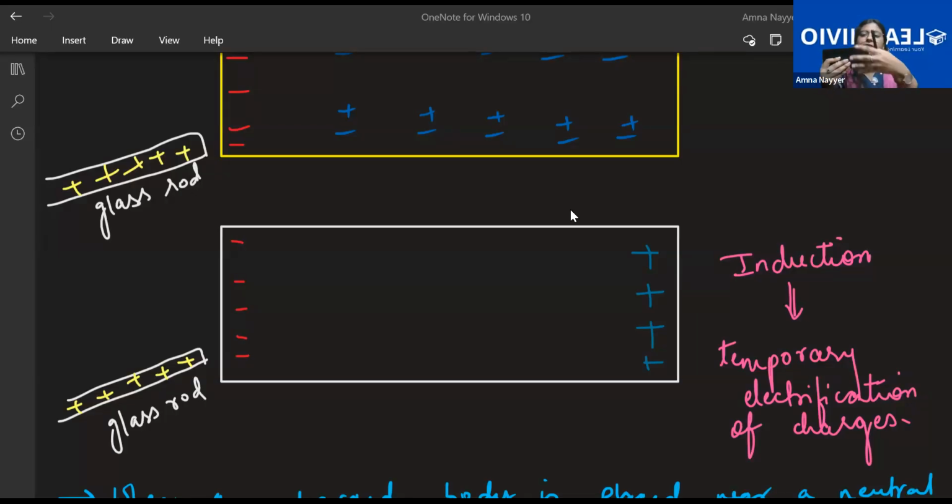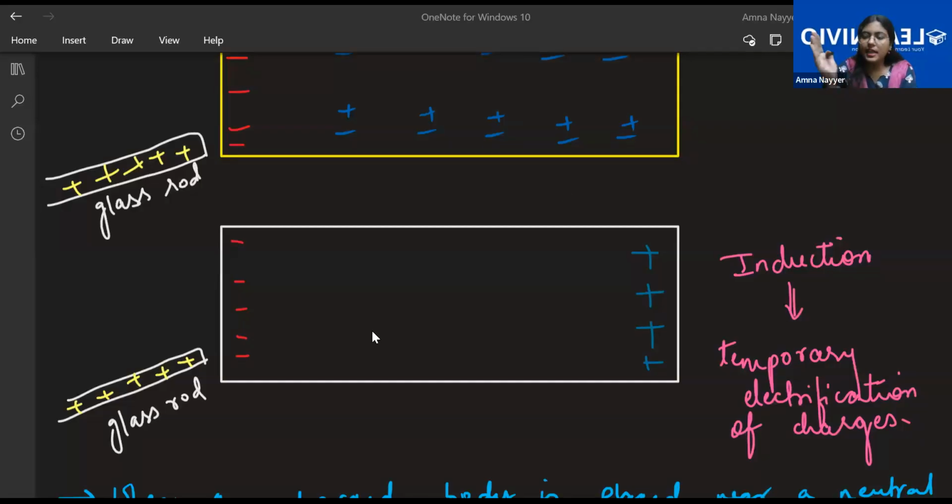The negative charges are towards this end and the positive charges are towards the other end. As soon as I remove the glass rod, positive and negative will recombine and it will become neutral again. So you just hold the glass rod and the charges are attracted and separated. That's why the term temporary electrification has been used.